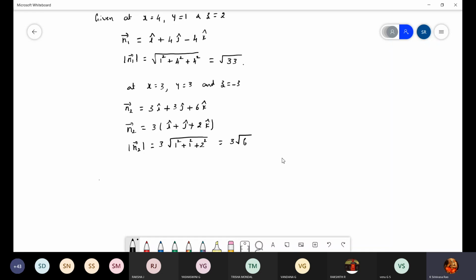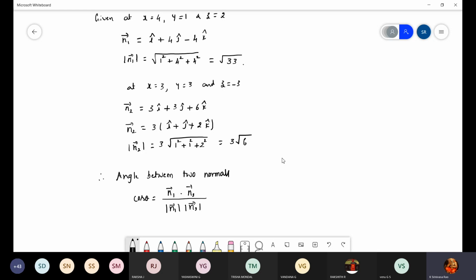Next line. Therefore, angle between two normals. Cos theta equals, write the formula, n1 dot n2 divided by magnitude of n1 into magnitude of n2.